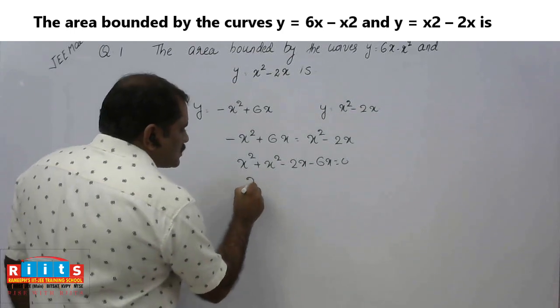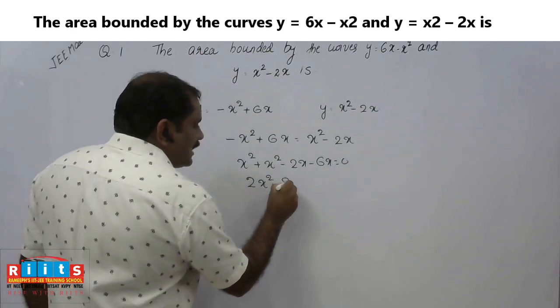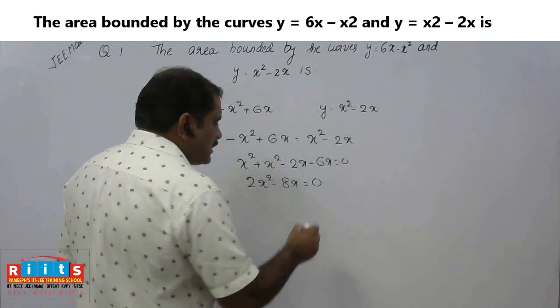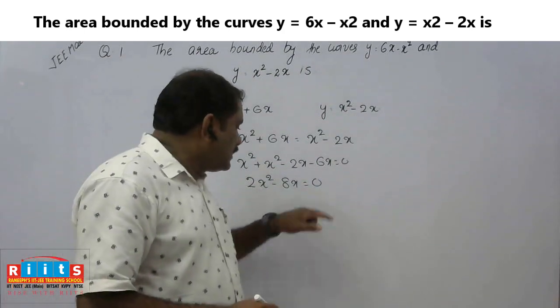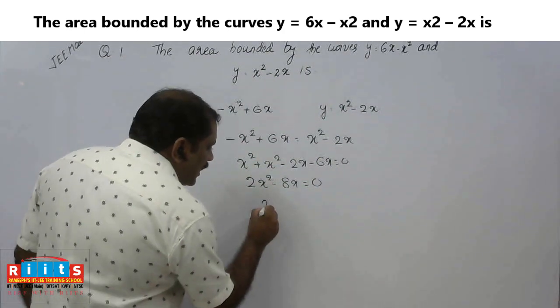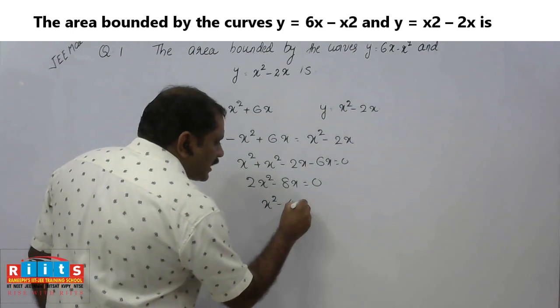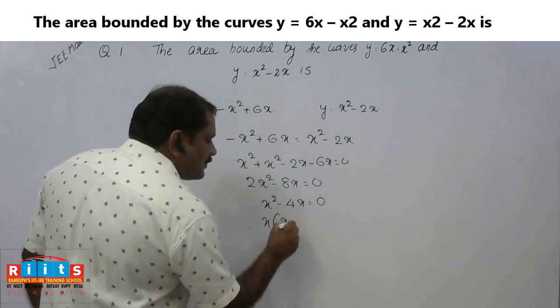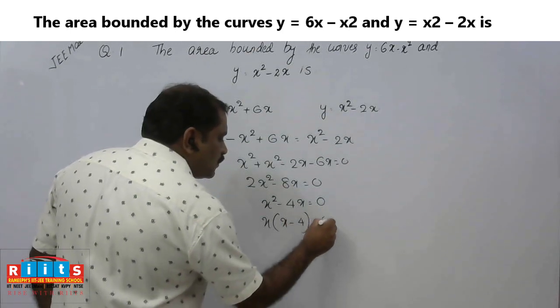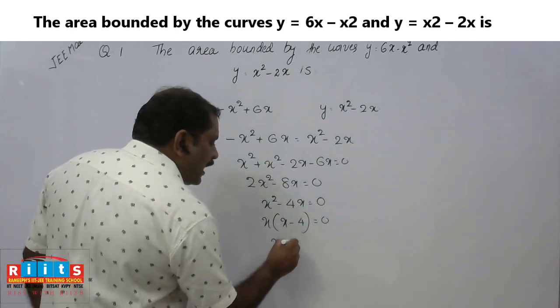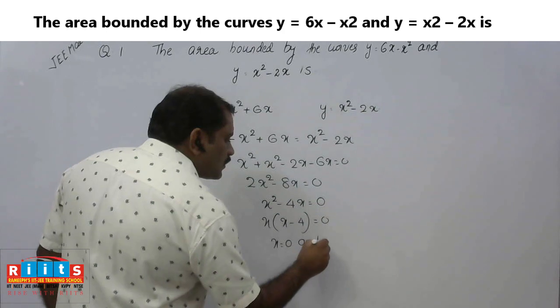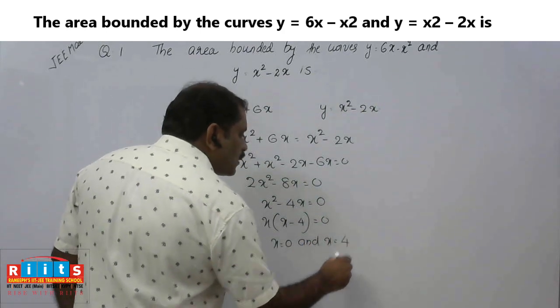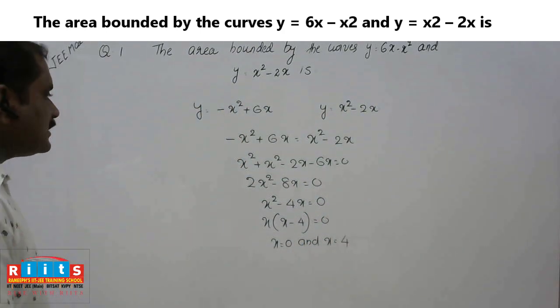So we get 2x square minus 8x is equal to 0. Please listen. 2x square minus 8x is equal to 0. So x square minus 4x is equal to 0. Take x common, x into x minus 4 is equal to 0. So x equal to 0 and x equal to 4 are the common roots. That is, they are the intersecting points.